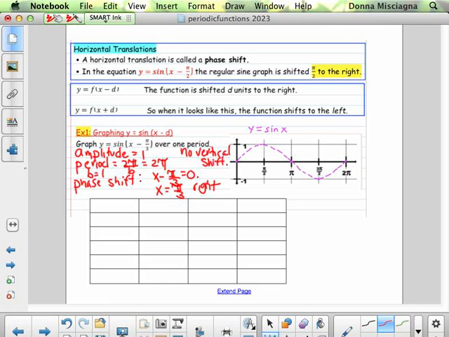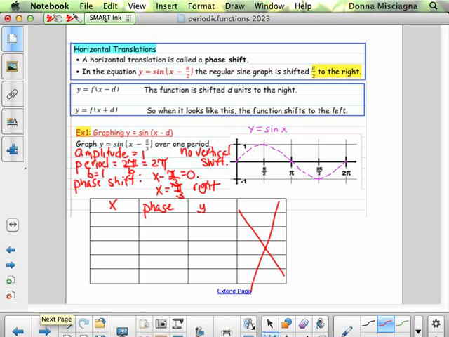So let's fill in our values on our table, and then we'll graph. So x, and then there is no period change, so nothing in that column. Then we have a phase shift, so that happens to x. And then y, and then nothing happens to y. There's no amplitude change or vertical shift, so just cross that one out.